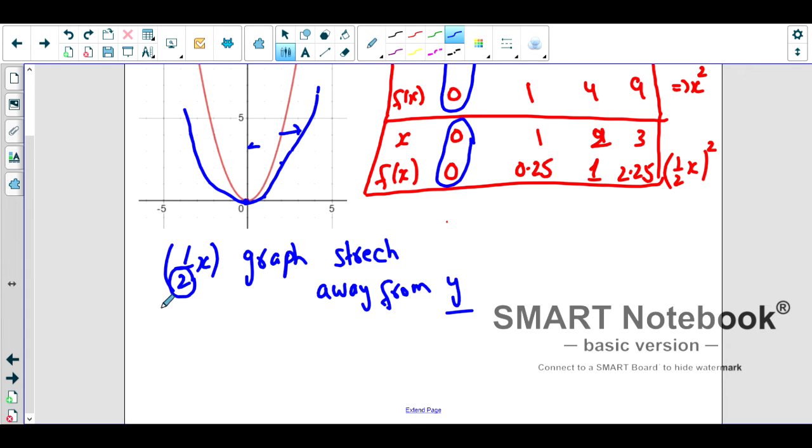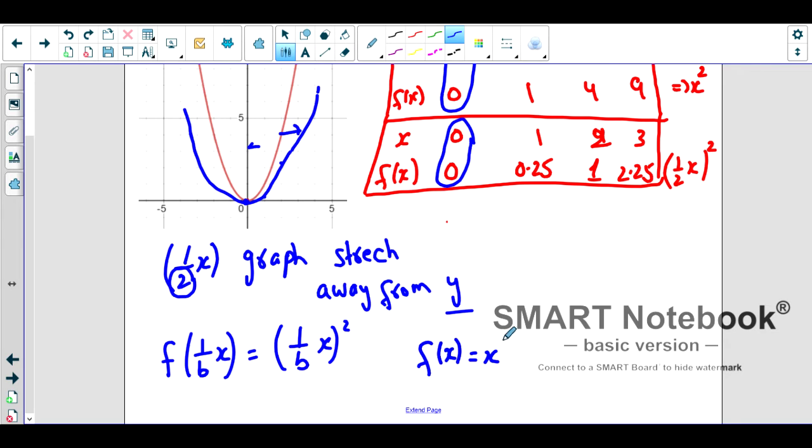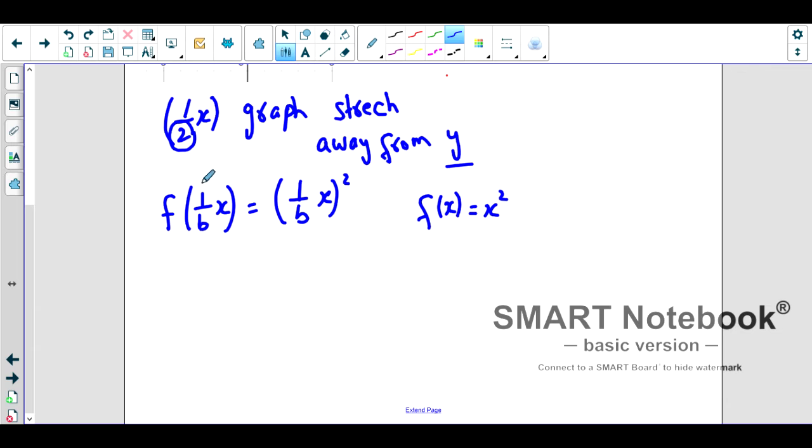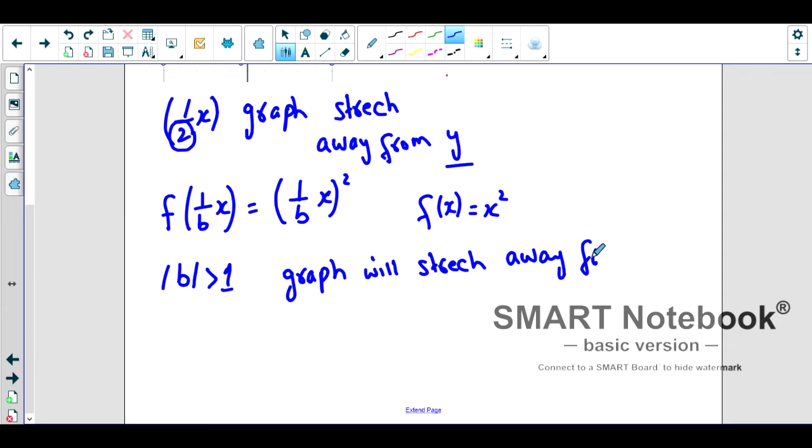We can say that if we have f of x equals 1 over bx whole squared, using the parent function f of x equals x squared, and this b is included here, and the absolute value of b is greater than 1, then the graph will stretch away from the y-axis.